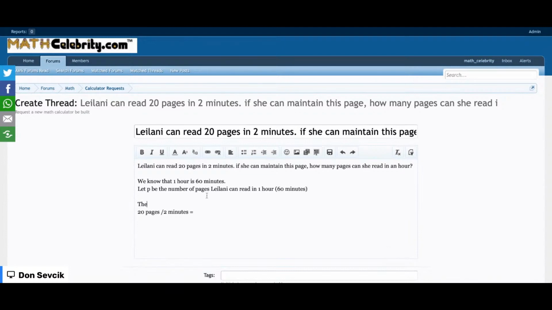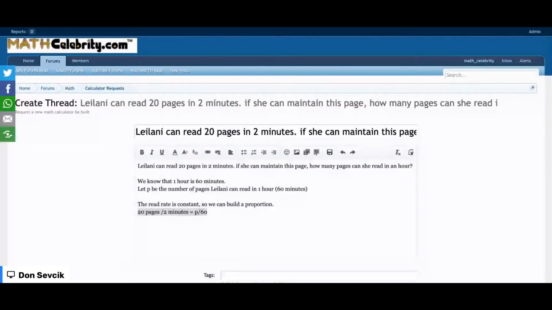Right. The read rate is constant, so we can build a proportion. We assume Leilani reads the same rate, no matter what book, no matter what time of day. So if she can read 20 pages every 2 minutes, she reads P pages per 60 minutes, which is an hour. And if you remember earlier in the stream, we can cross multiply.